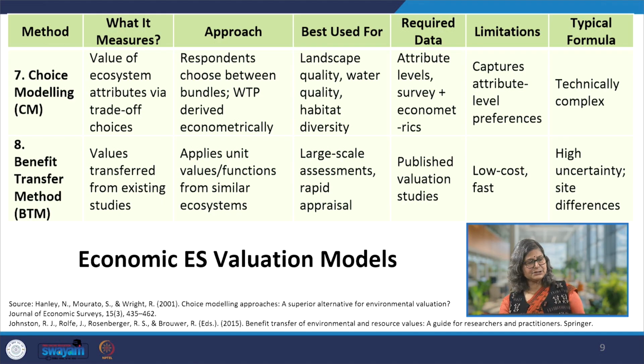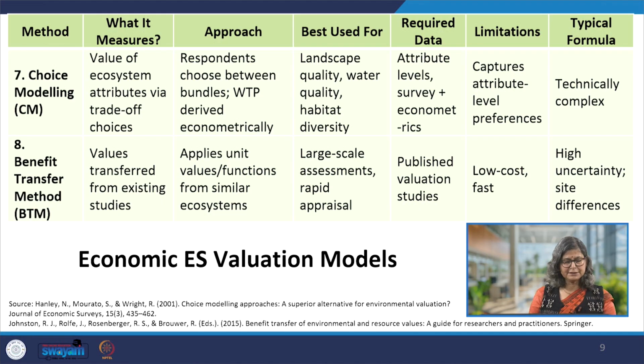For choice modeling, you need attribute levels data, survey data, and econometrics. It has its own limitation. It captures attribute-level preferences. It is technically complex to calculate, but it is done when it is relevant.